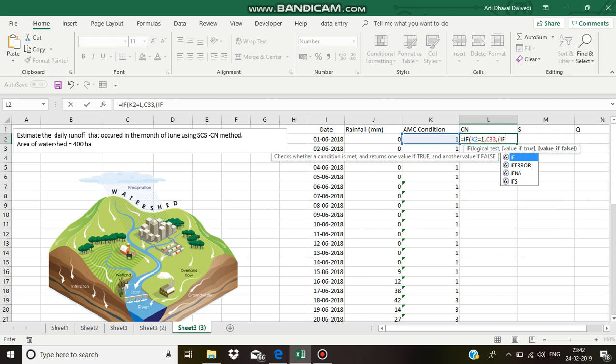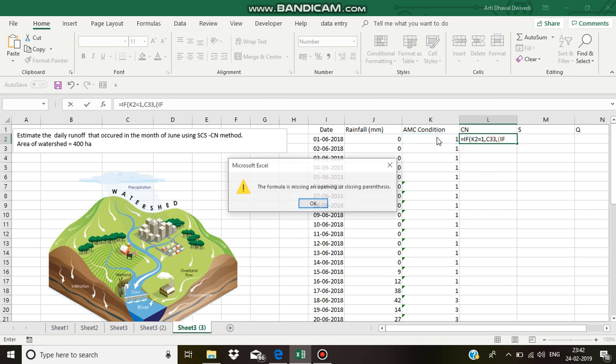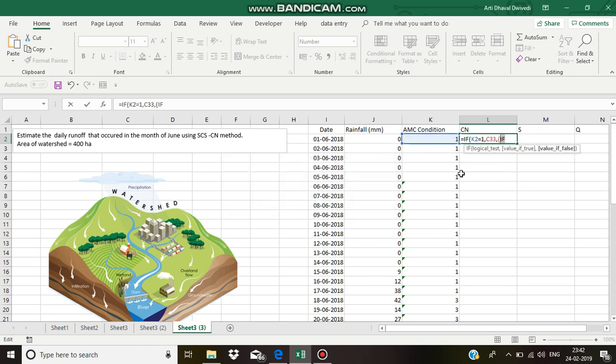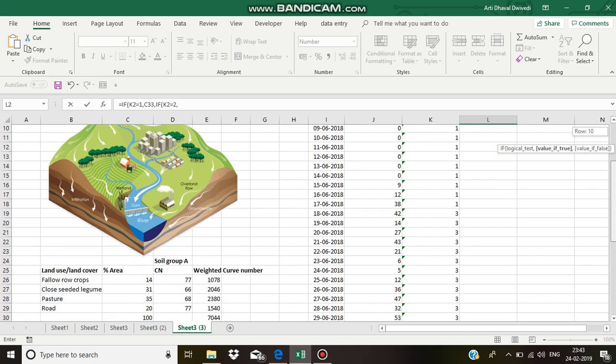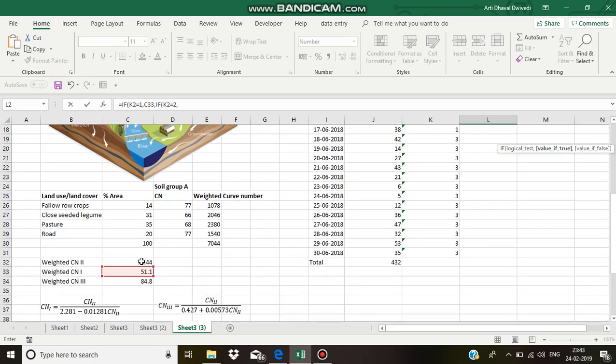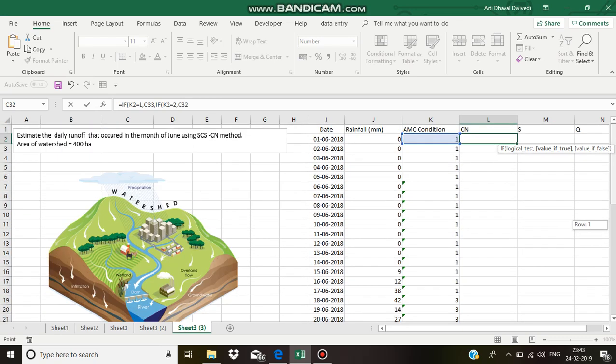If the value of K2, the AMC condition, is equal to 2, then use the curve number 2 value.